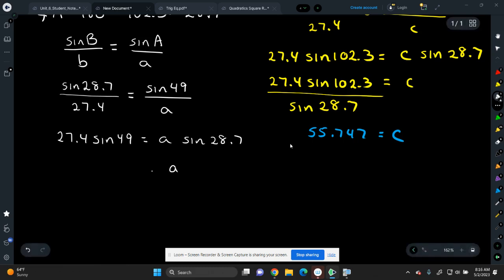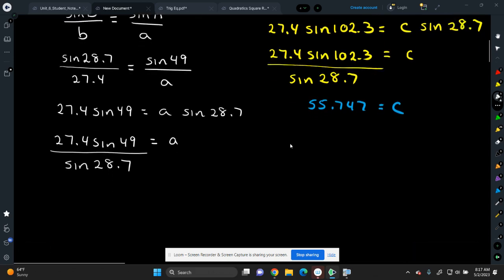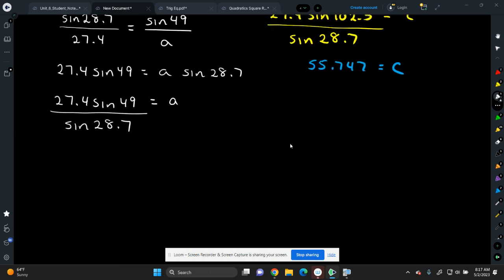So once again, we're going to divide by sine of 28.7, and we'll do that on our calculator.